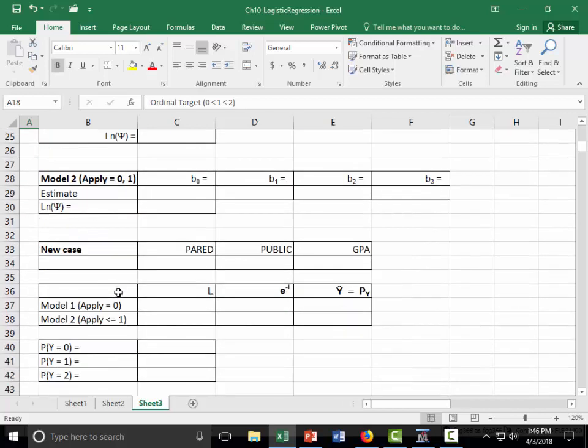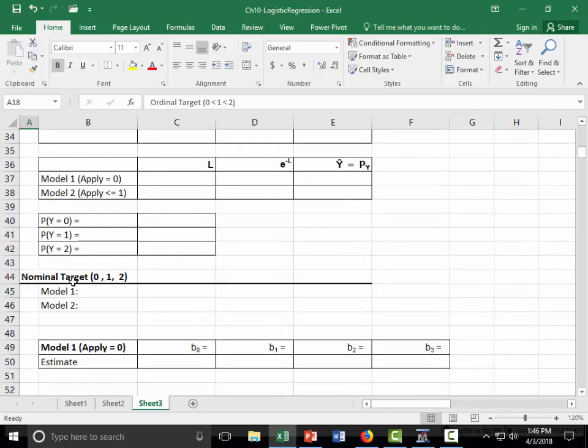And we will also look at a nominal target where there is no ordering among these values. There is 0, 1, 2, or there is no less than or equal to kind of relationship between the values. So that's what makes it a nominal variable, right?